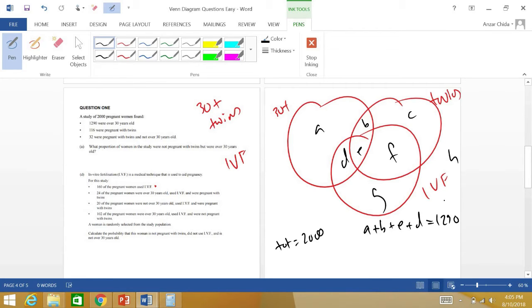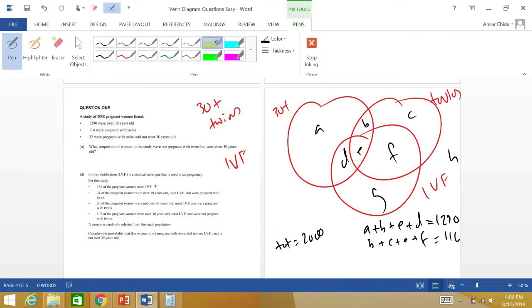Then we've got 116 pregnant with twins. Well, pregnant doesn't mean anything, it just means they're having twins. So again, I've got a four. Whenever it's a four, you can't do much more than write down an equation. 32 were pregnant with twins and not over 30.